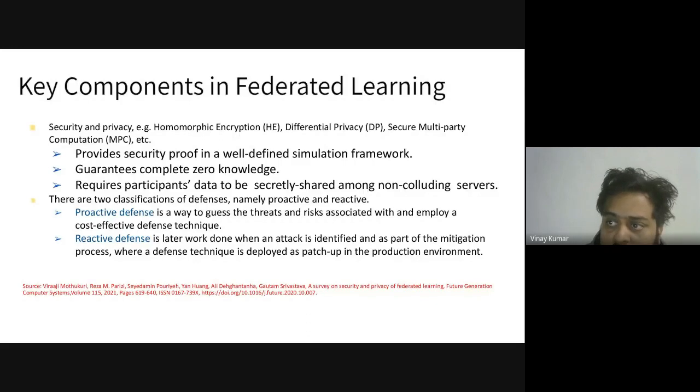To secure that information, you need to have some encryption mechanisms. So homomorphic encryption, differential privacy, and secure multi-party communication, these types of policies can be considered here.